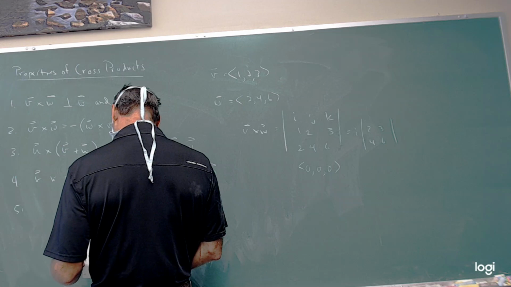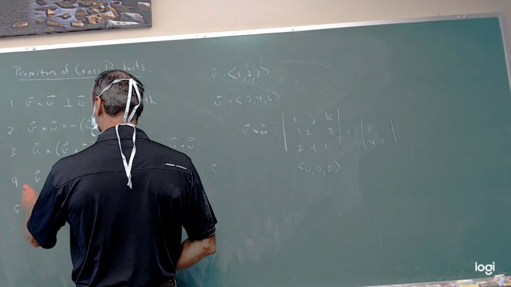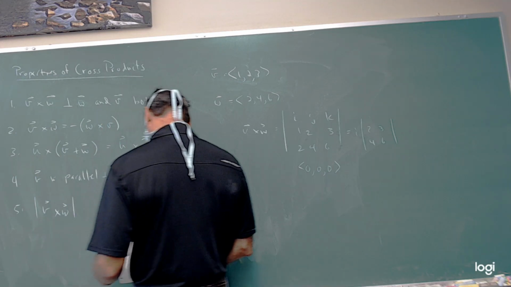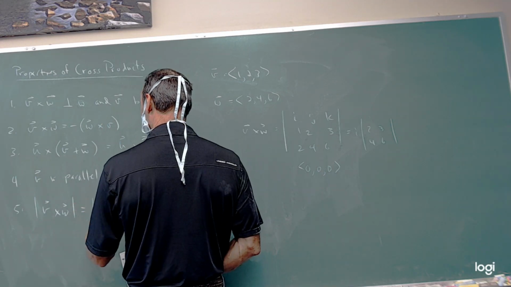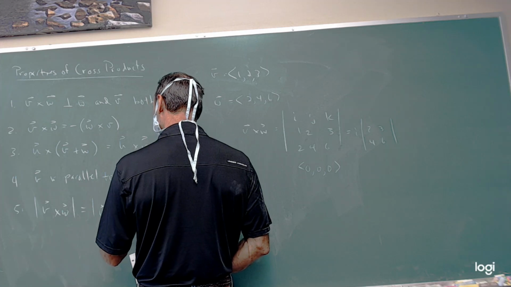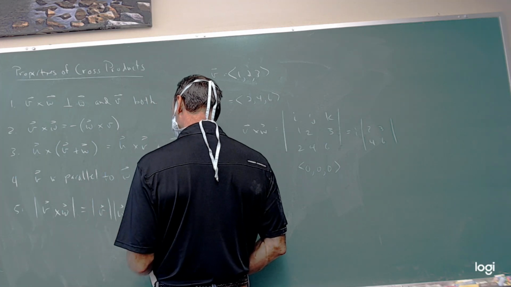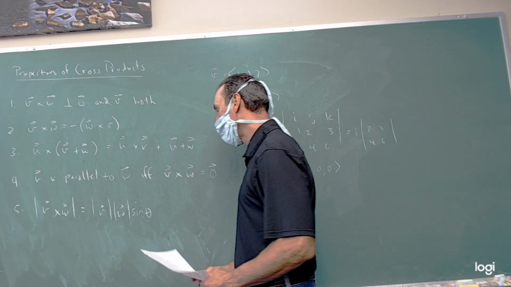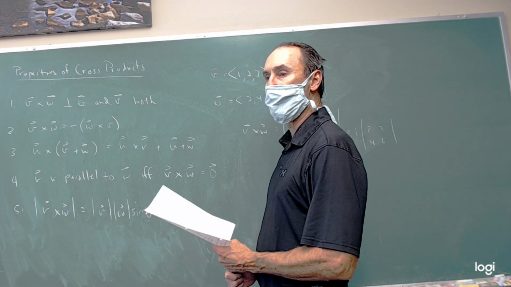Property 5 is the crazy one. So the magnitude of this cross product vector is equal to the magnitude of v times the magnitude of w times the sine of theta, that angle in between them.